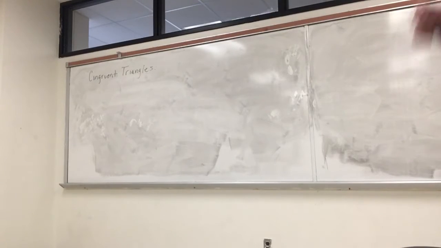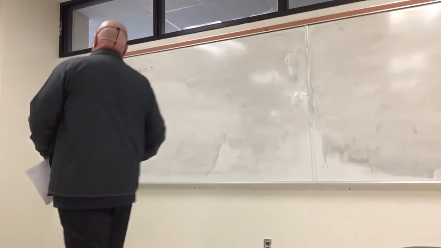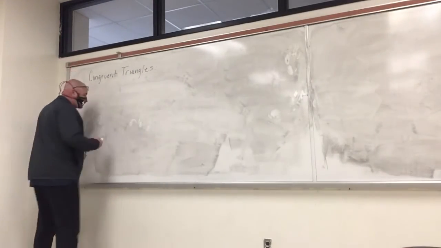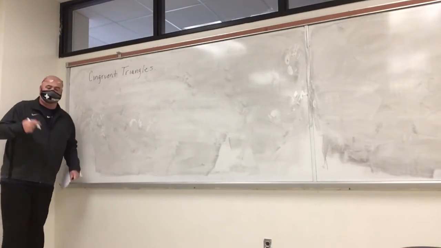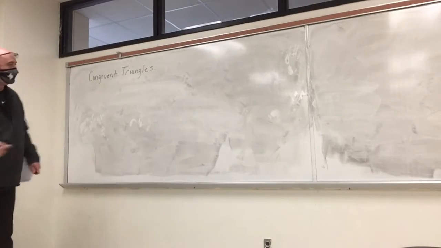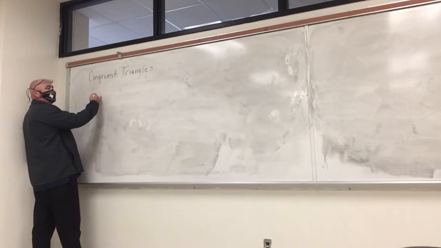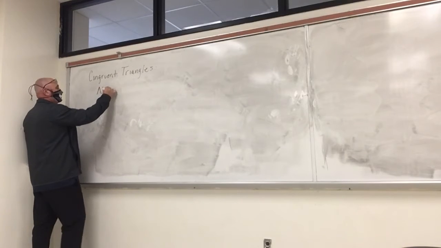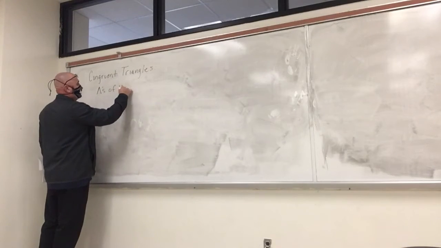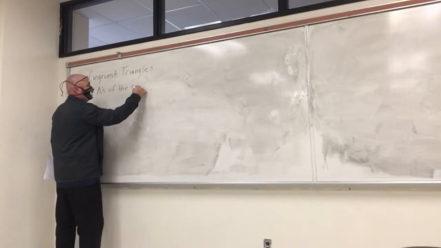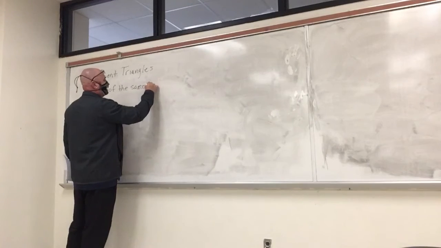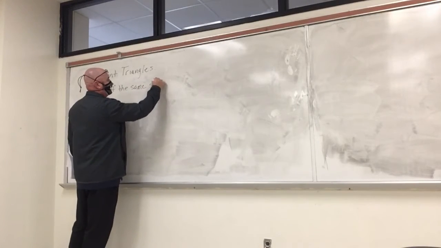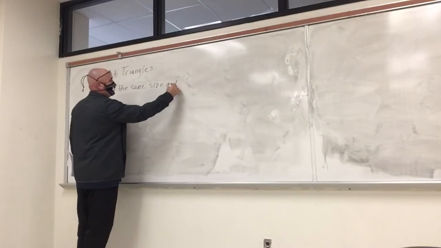Okay, so we were talking about congruent triangles. More specifically, we're talking about the parts of those triangles, which include the angles and the sides. And I'm going to define congruent triangles as this: triangles of the same size and shape.